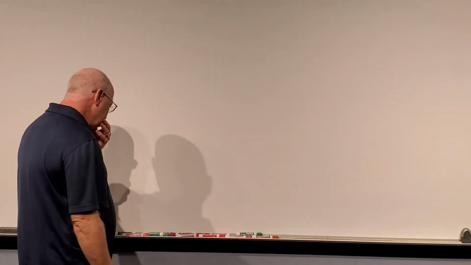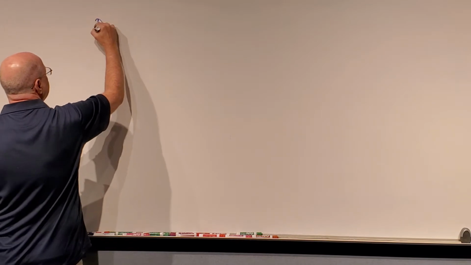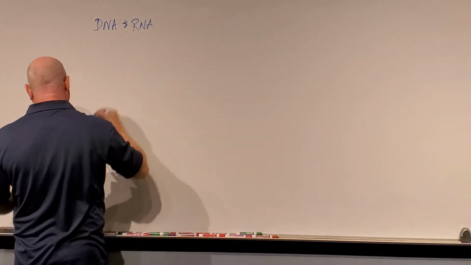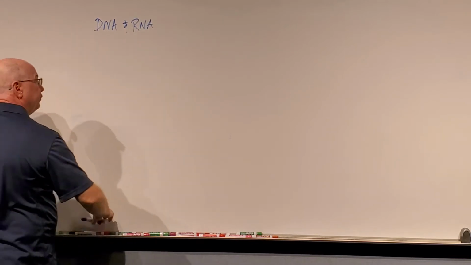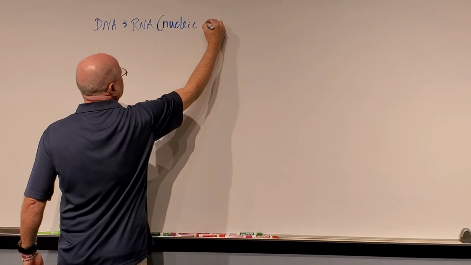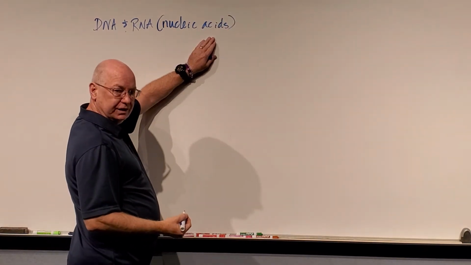Now, when it comes to the structure of DNA, DNA and RNA, which in general we'll refer to together as nucleic acids, get their name because they have an acidic nature to them.